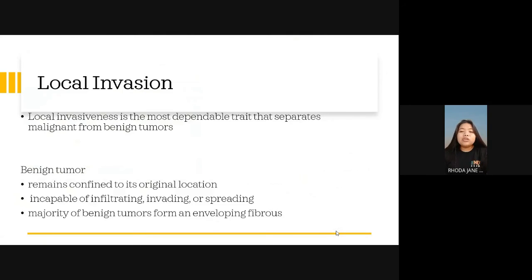A benign tumor remains confined to its original location. It is incapable of infiltrating, invading, or spreading to other locations. The majority of benign tumors form an enveloping fibrous capsule that separates them from the host tissue as they grow.